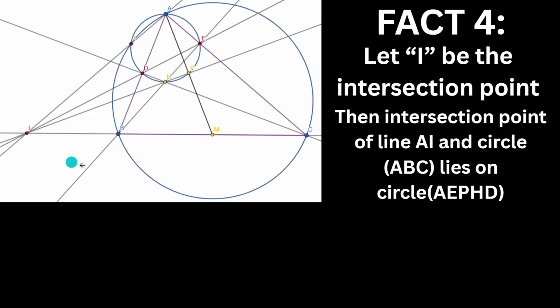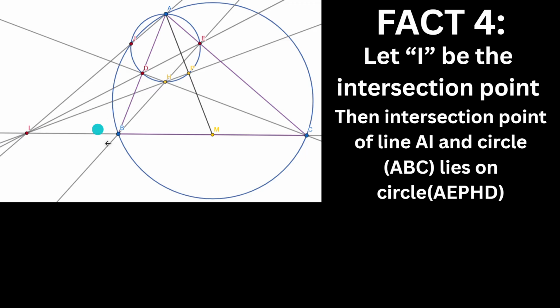Then the intersection point of line AI and circle ABC lies on circle AEPHD, which means point J lies on line AI, on the AEPHD circle, and on the ABC circle.